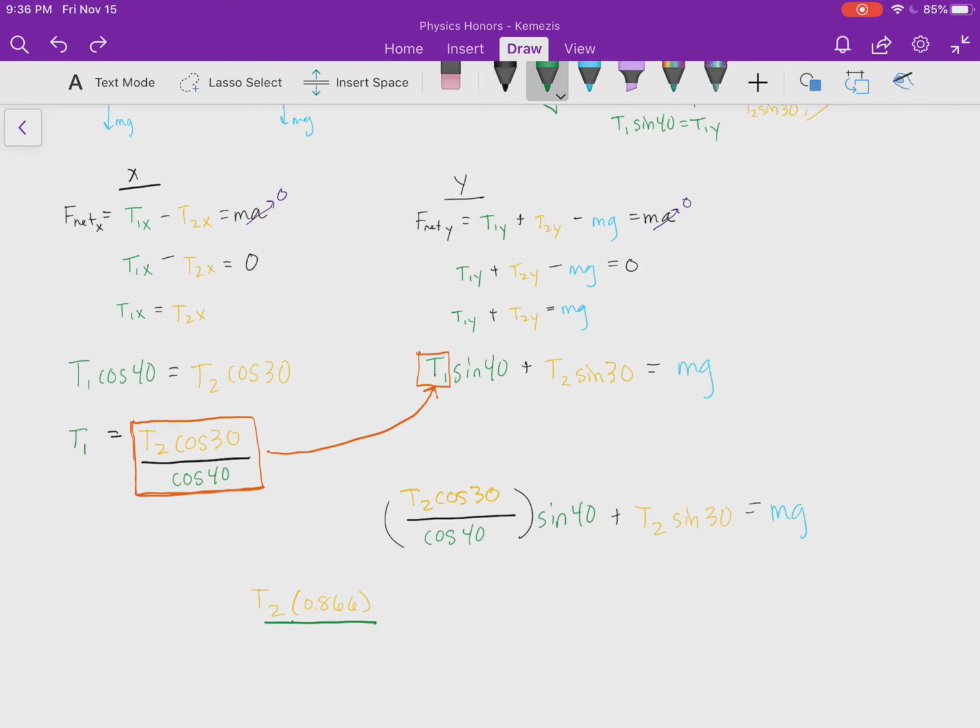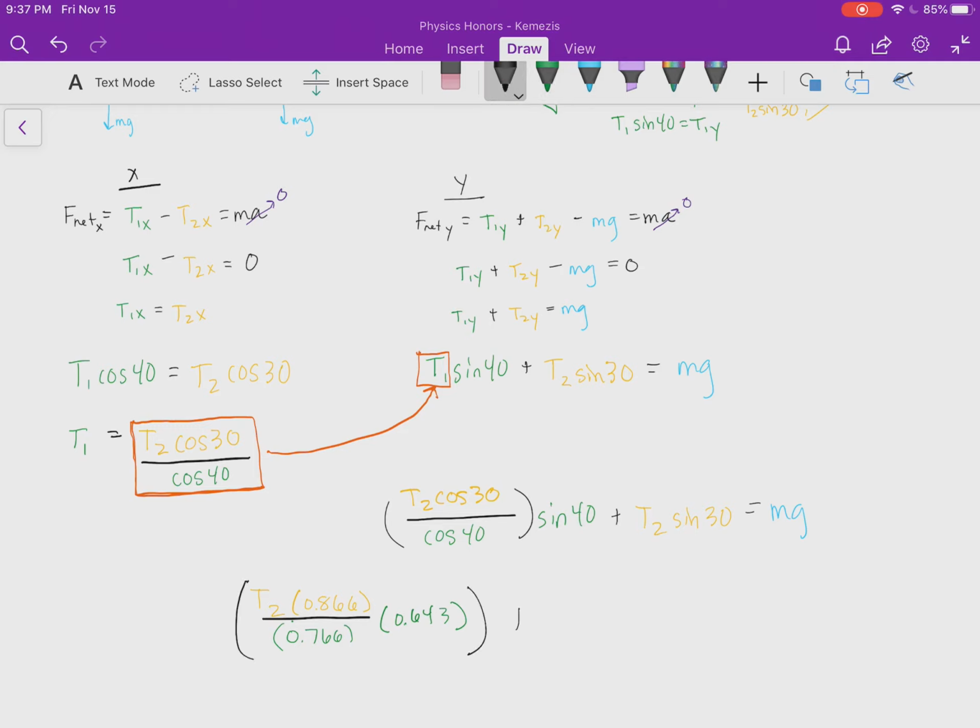Cosine of 40 is 0.766. That gets multiplied by the sine of 40, which is 0.643.